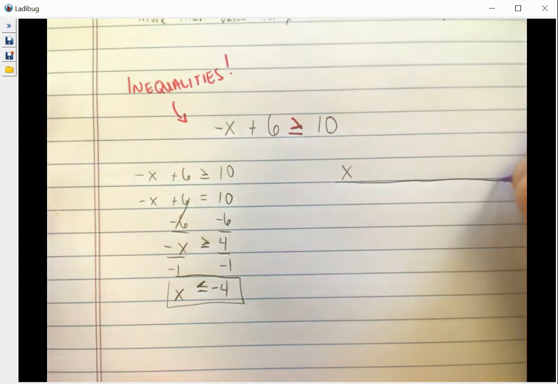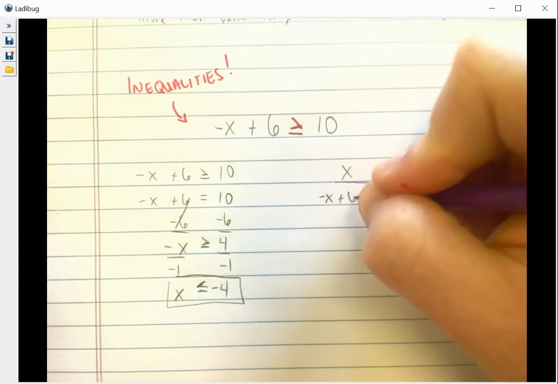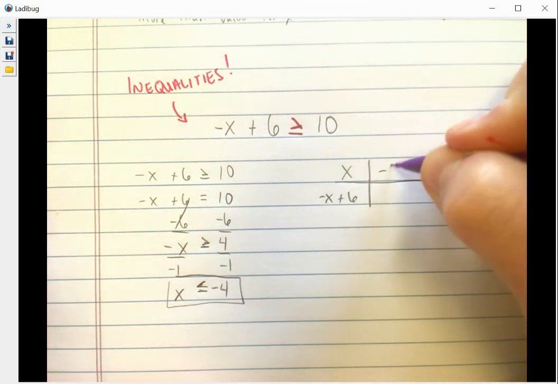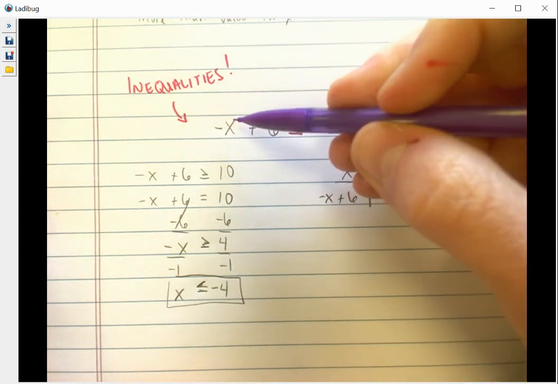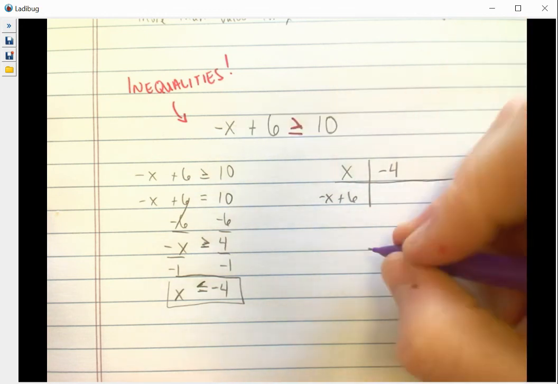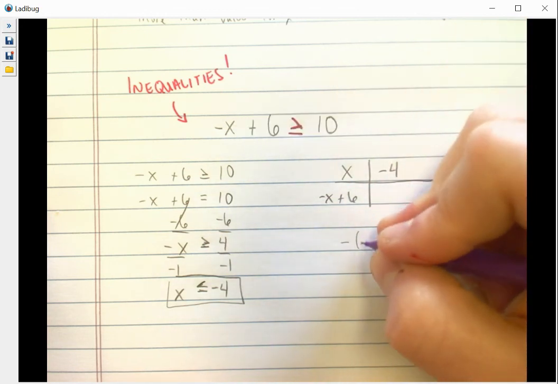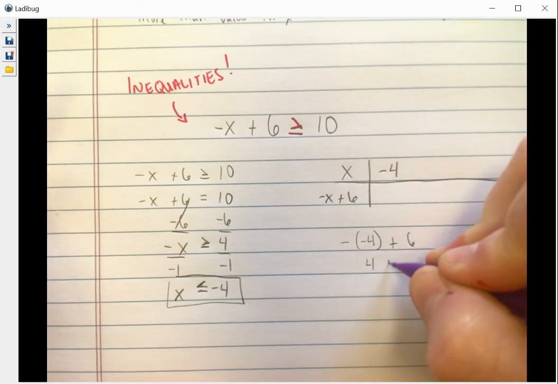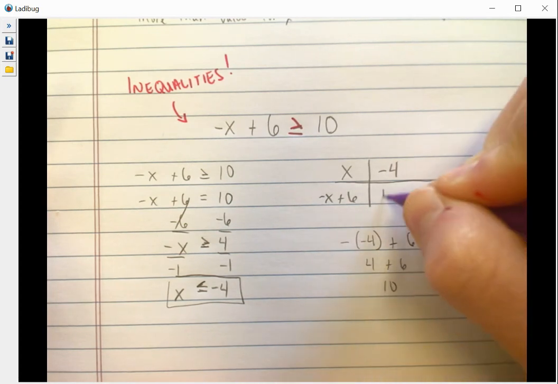If I plug in negative 4 for x in negative x plus 6, I've got the opposite of negative 4, which is 4, plus 6. That's 10. True.